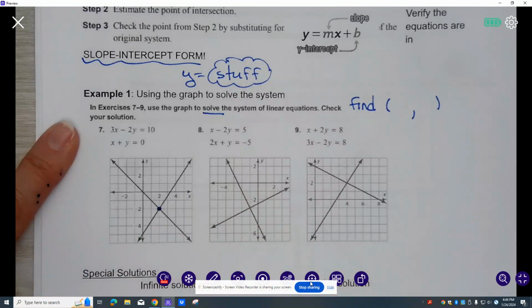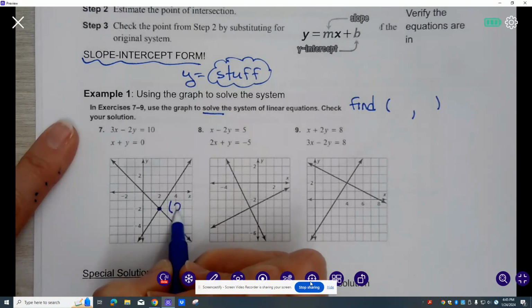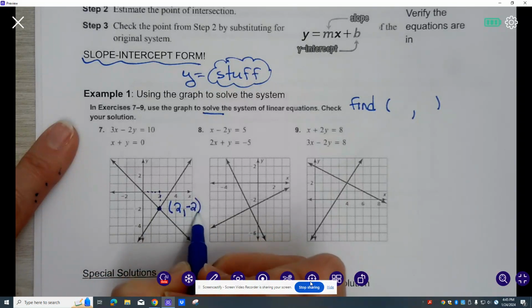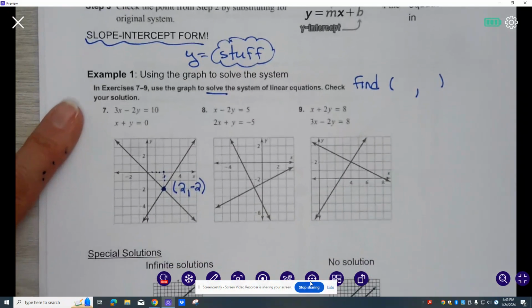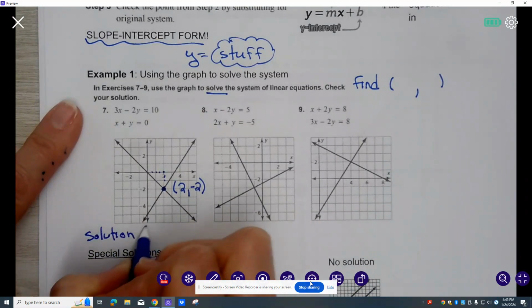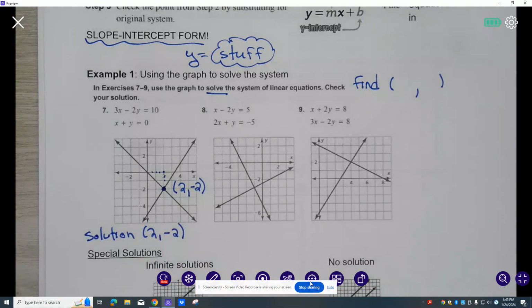There is the coordinate point where they intersect. To get to that point, I went over 2 and down 2. So x is 2, y is -2. So the solution here is (2, -2).